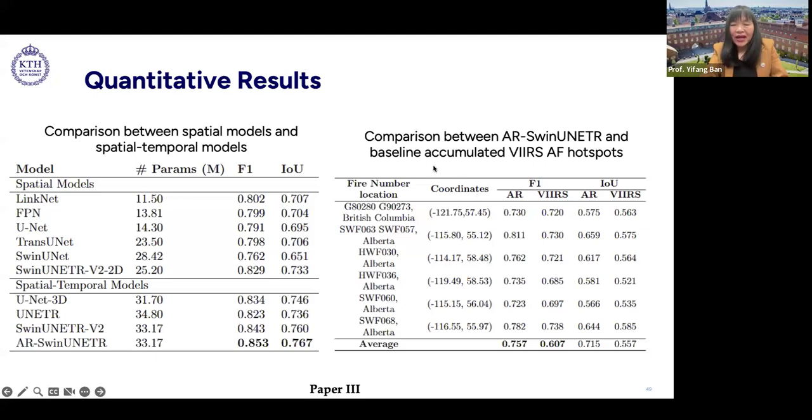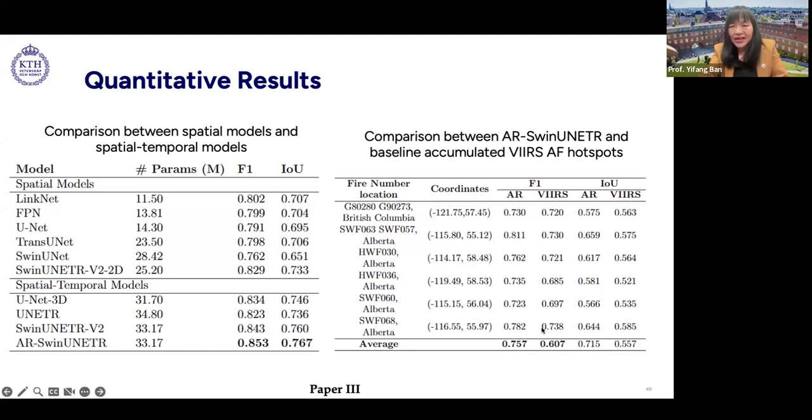So we also look at the baseline, cumulative hotspots, by looking at quite many large fires in Canada. Some fires are about 500,000 hectares burned, so we are really comparing huge areas.